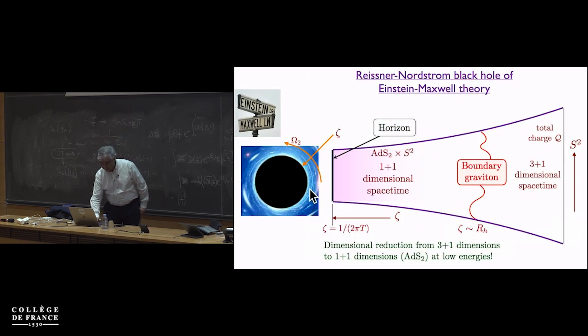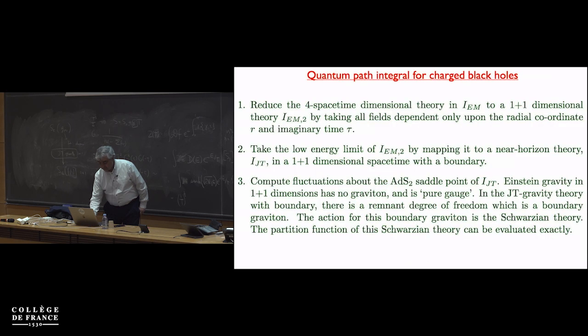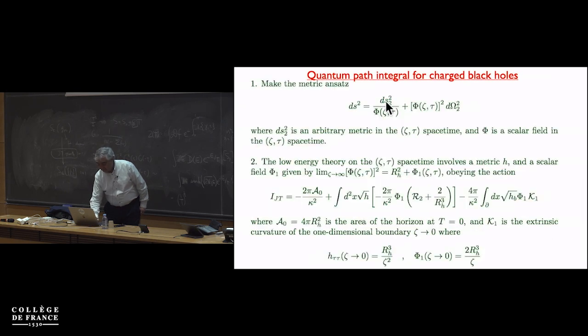This part, we just assume it remains a sphere and doesn't fluctuate, the omega-2 part. There's time, and there's zeta. So there's some metric in zeta and tau. We just call that ds2. Then there's an overall scaling factor, the prefactor here, which you can think of as the radius of the horizon. That's allowed to fluctuate. It's like the zero mode of the horizon. And you can always choose your gauge, and this is a convenient gauge choice, to put the phi here and phi squared there.